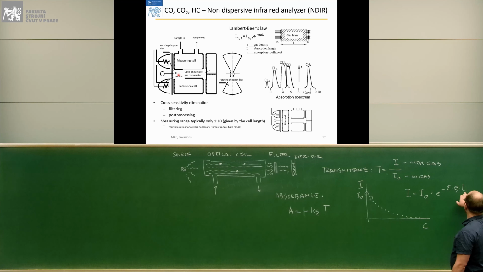So the optical length is a function of the instrument. You use it in the instrument design. If you want your instrument to be more sensitive, you increase the optical length. The absorption coefficient is a property of the molecule itself. It's almost a physical constant. And rho is the gas density, which is dependent on the temperature and pressure in the sample cell.